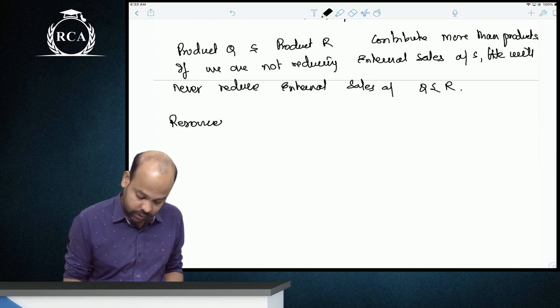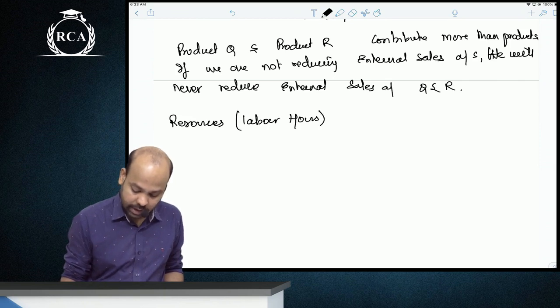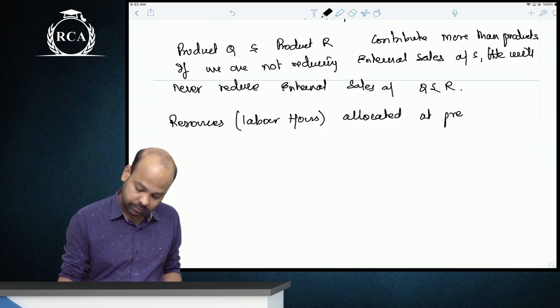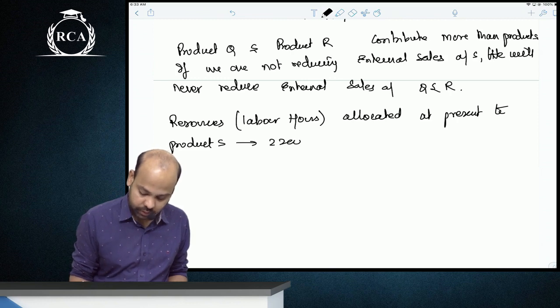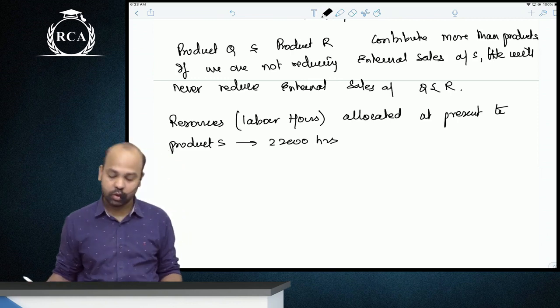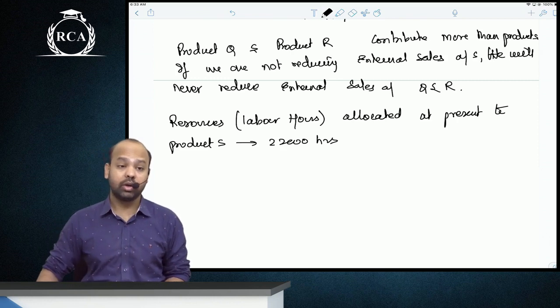Resources, that is labor hours allocated at present to product S, are 22,000 hours. I will have to now divide this into two parts.